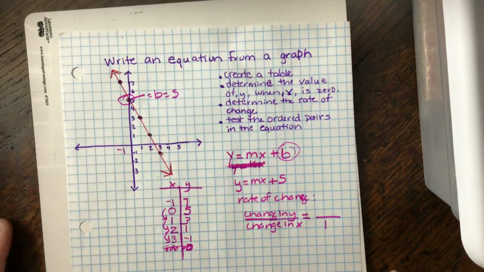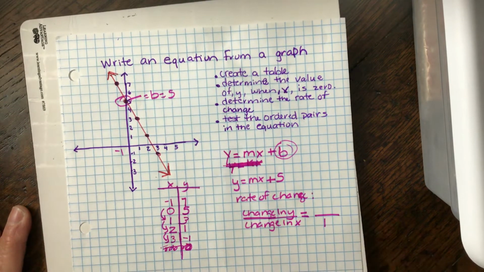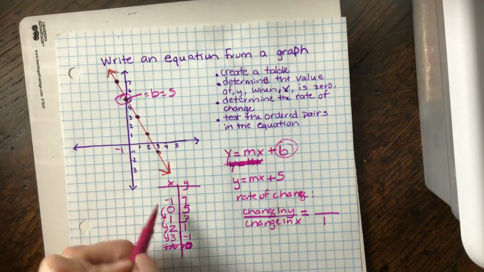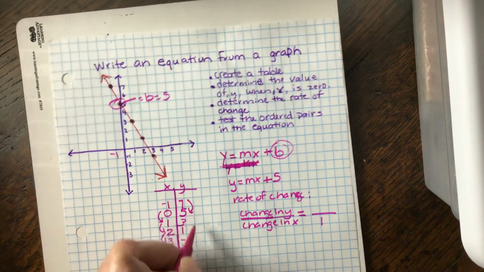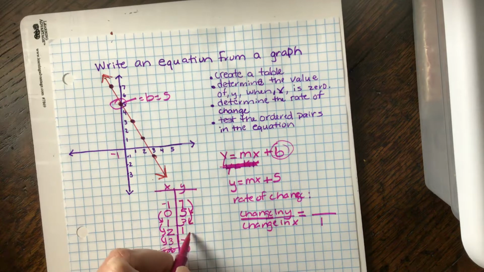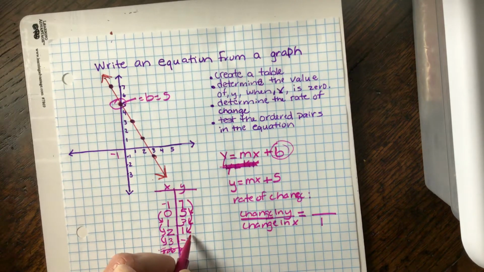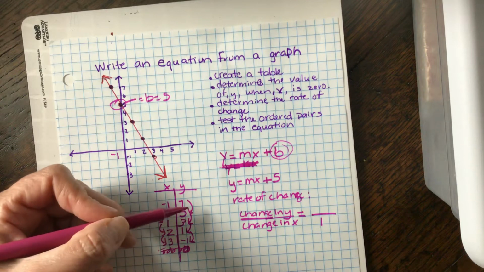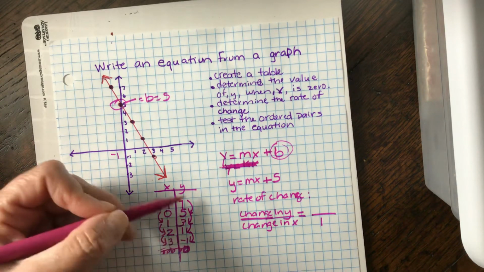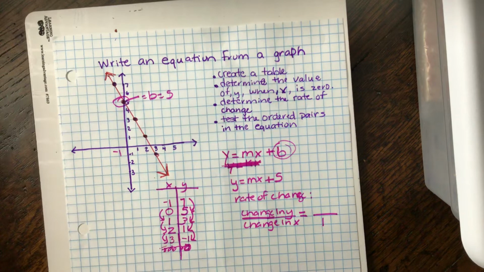Which means our rate of change is going to be an integer. Now how is y changing? From 7 to 5, from 5 to 3, from 3 to 1, from 1 to -1. Are the y values increasing or decreasing?